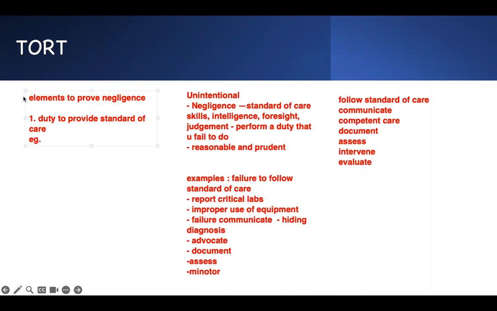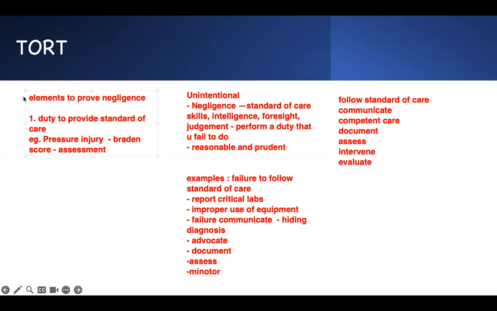Example: a patient is coming in, admission. You know what you're supposed to do: pressure injury check. So you have to calculate the Braden score. You never did it, right? So you did not perform the pressure injury assessment. That's the duty, that's standard of care for every hospital.